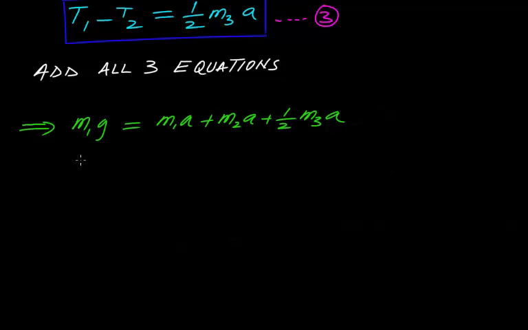Factorize the a from the right hand side of the equation. We will have a times m1 plus m2 plus 1/2 m3.